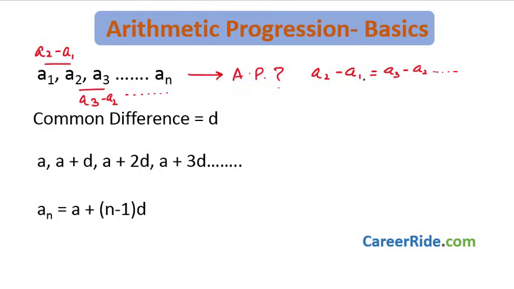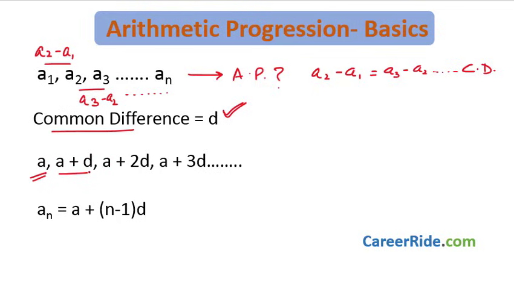Now A2 minus A1 is equal to A3 minus A2, and this is happening for the whole of the series. So I call this difference between the consecutive terms the common difference, that is CD, common difference. Okay, and we denote it by D. Common difference is D here. Now suppose I am given that the first number of a series is, let us say, A. In that case, if D is the common difference, what is going to be my second term?